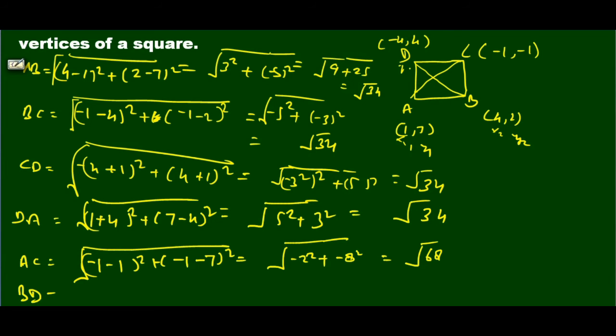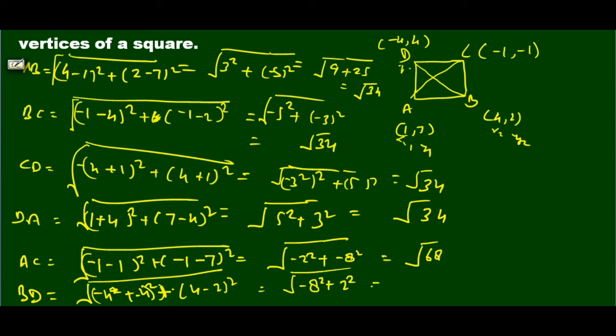Similarly, BD equals the square root of (-4 minus 4) square plus (4 minus 2) square. So this will become (-8) square plus 2 square. So this is under root 68.